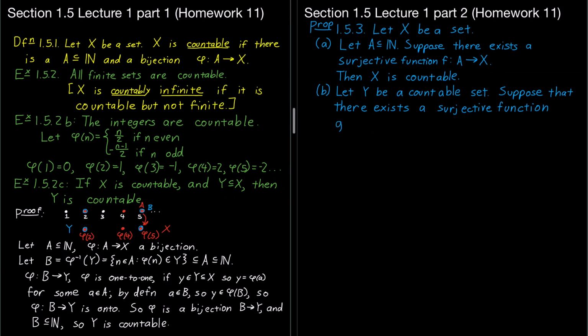Suppose a surjective function g goes from Y to X. Then X is countable. So you don't have to use the natural numbers, and you don't need a bijection, you just need a surjection. Let's go ahead and prove this.